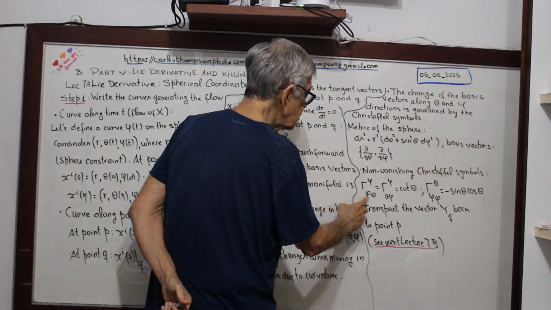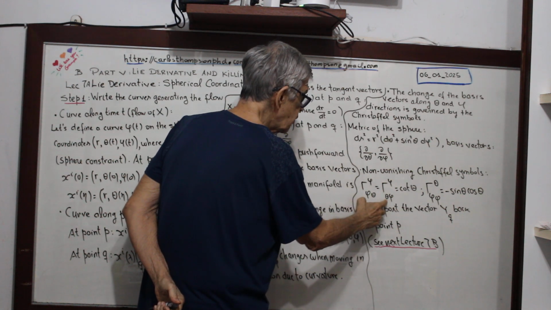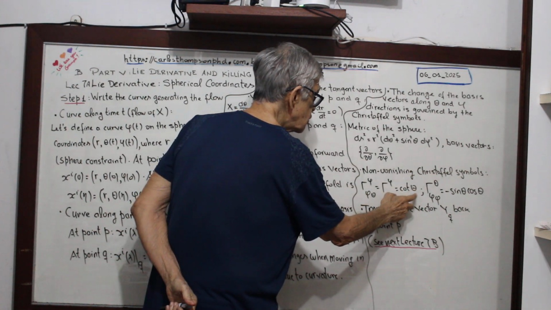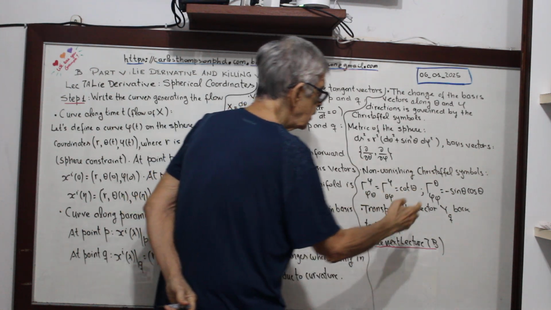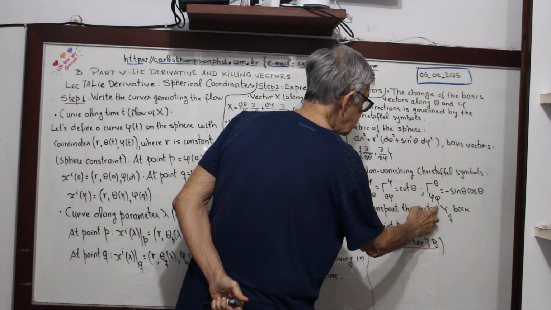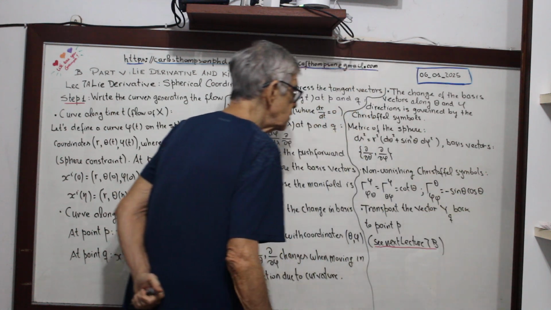The Christoffel symbol gamma phi theta phi is symmetric, that's why they are equal to cotangent of theta. And the Christoffel symbol gamma theta phi phi is minus sine theta cosine theta.